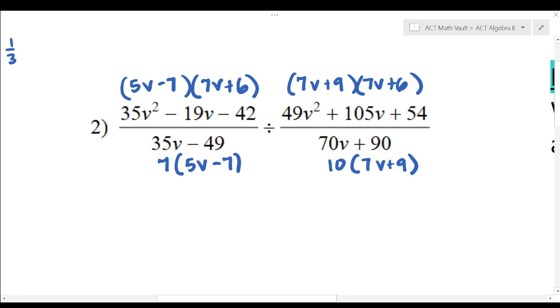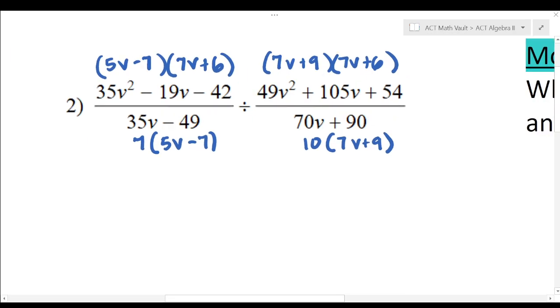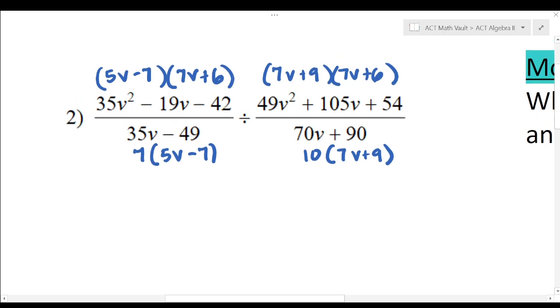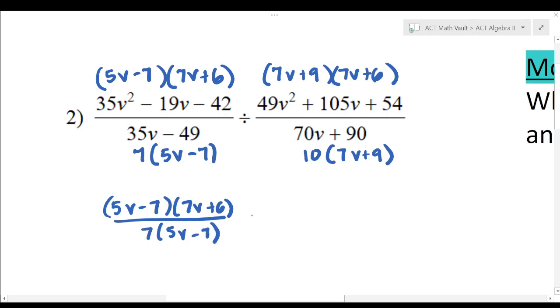So now I can think about, okay, this is division. Remember that division is the same thing as multiplying by the reciprocal. So I'm going to quickly copy down the first fraction and multiply by 10 over 7v plus 9.